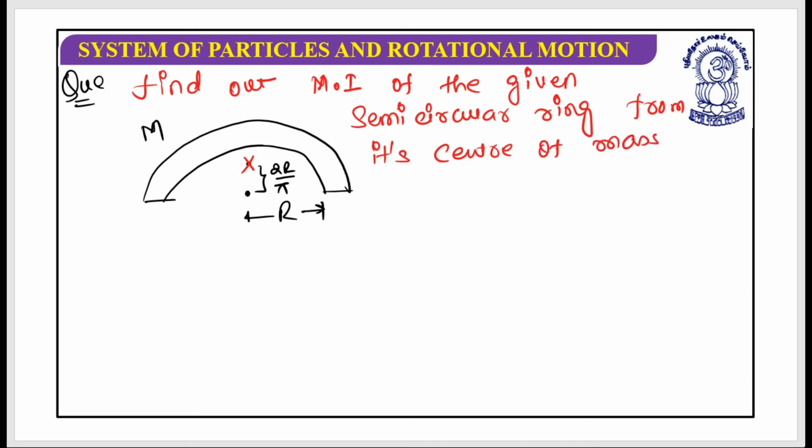We need to rotate this semicircular ring from its center of mass. And I have been asked how will I do this? What would be the moment of inertia for this situation? So what will you do?